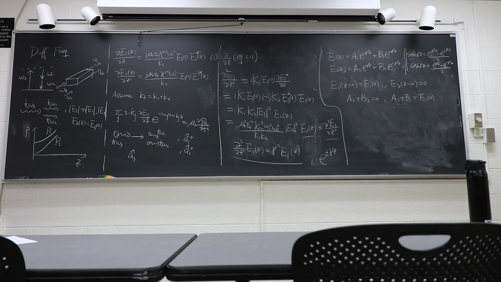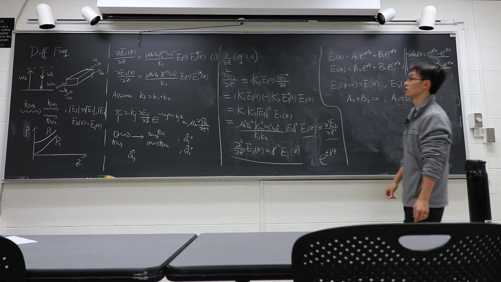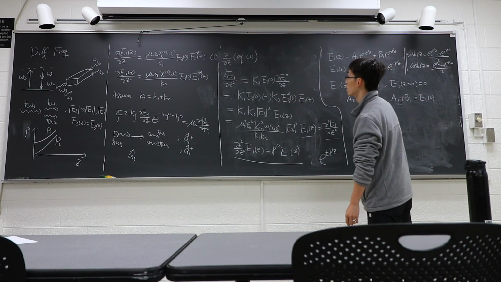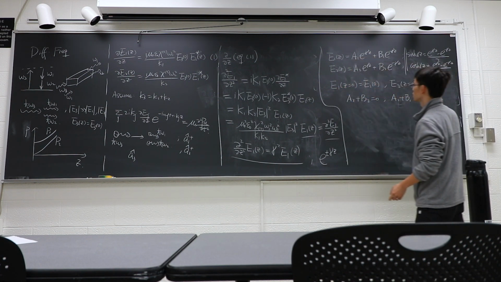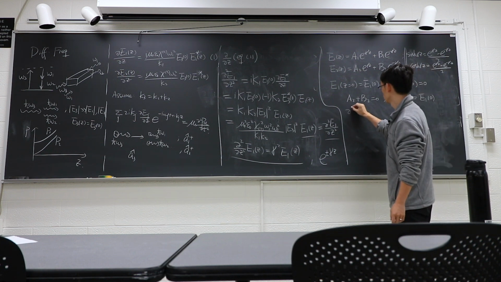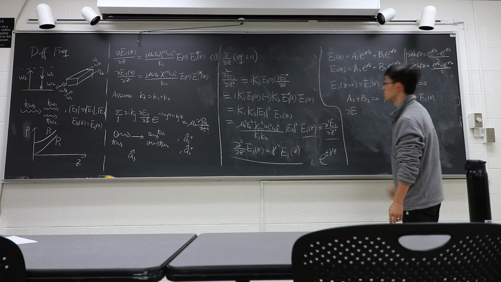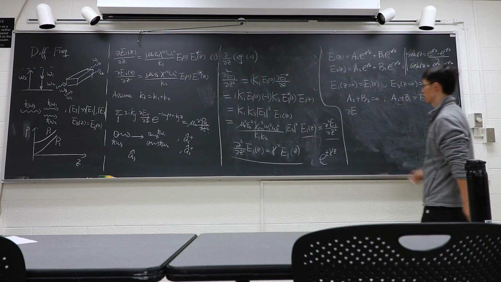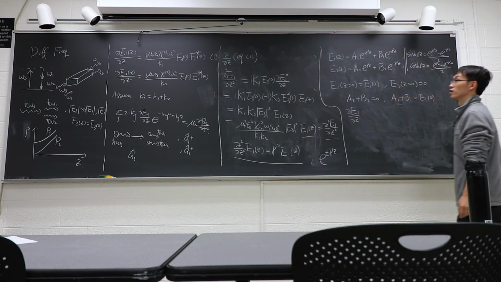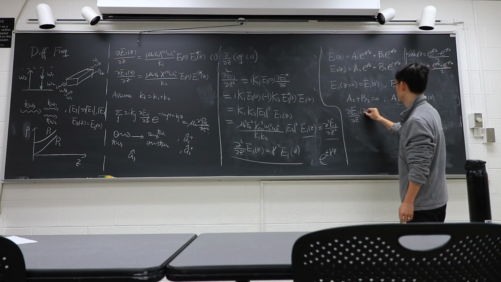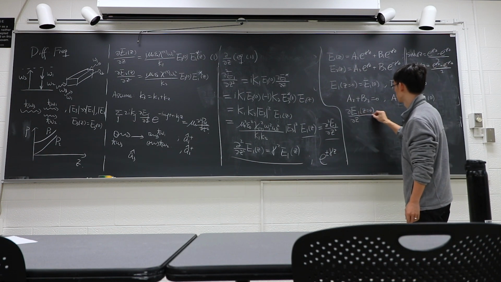Okay. And the second thing we know is that this is the first boundary condition, and the second one, just like before, we have the derivative, right, at z equals 0.